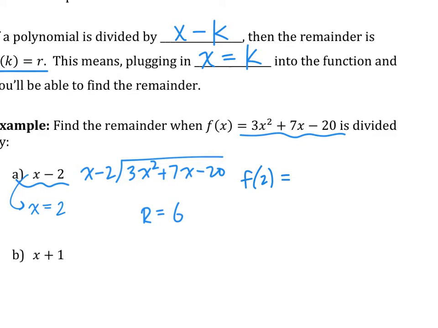Where's the function? Yeah, f of x. So put 2 in there and see if you actually get 6. Because if you do, it beats long division, right? It's much faster this way to get the remainder than actually doing long division.